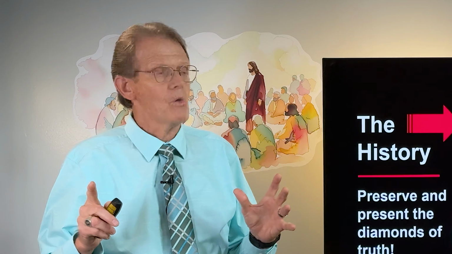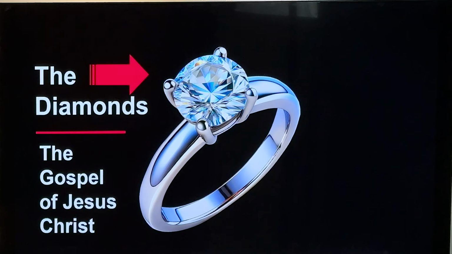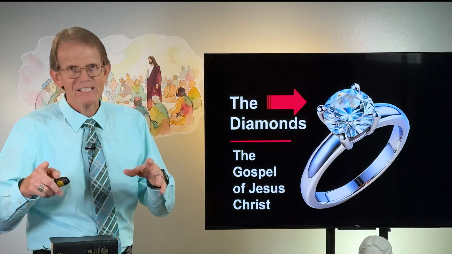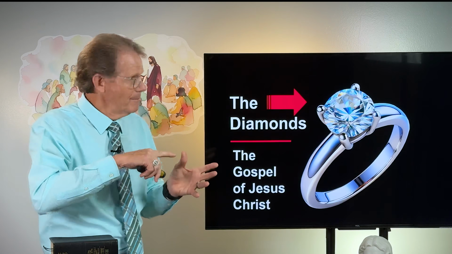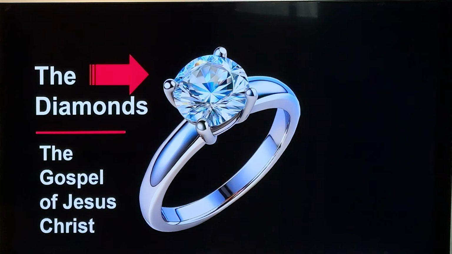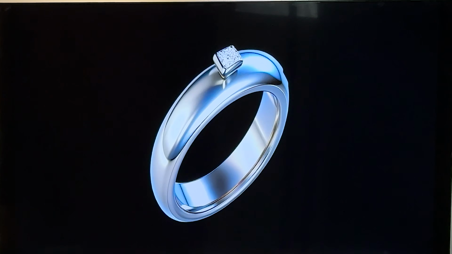And we went, whoa. He said the diamonds, the things that change our lives, it's the gospel of Jesus Christ. That's what we need to focus on. And if we spend too much time talking about the history, we might end up with a diamond ring that looks like that. We've missed an opportunity to really focus on what really matters.